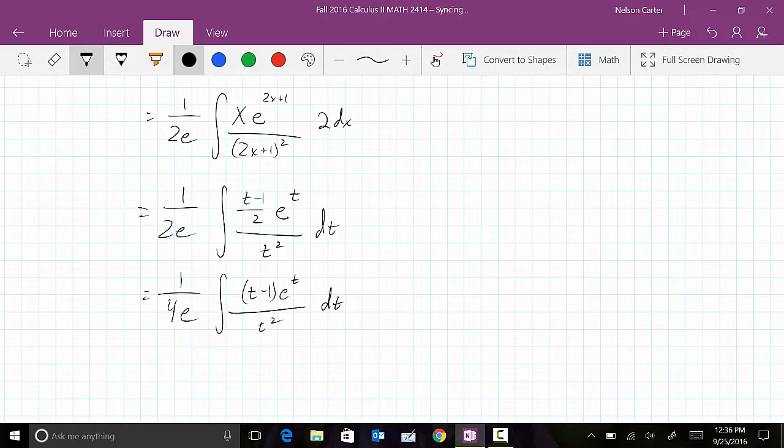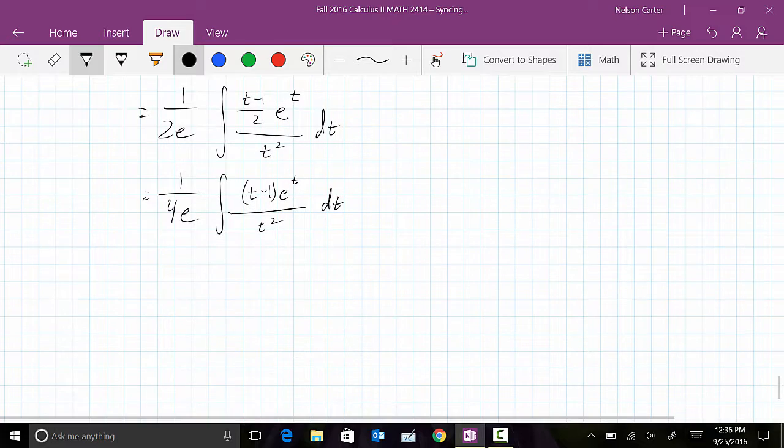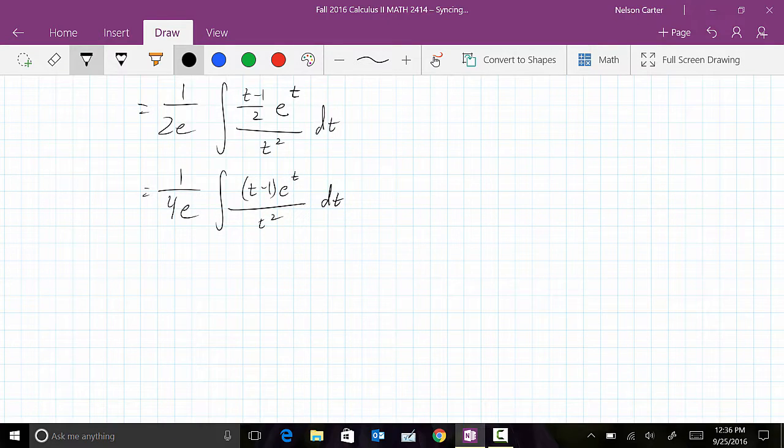So the t's cancel, so you're going to get e to the power t over t. Okay, I think what I'm going to do from here is rewrite this.